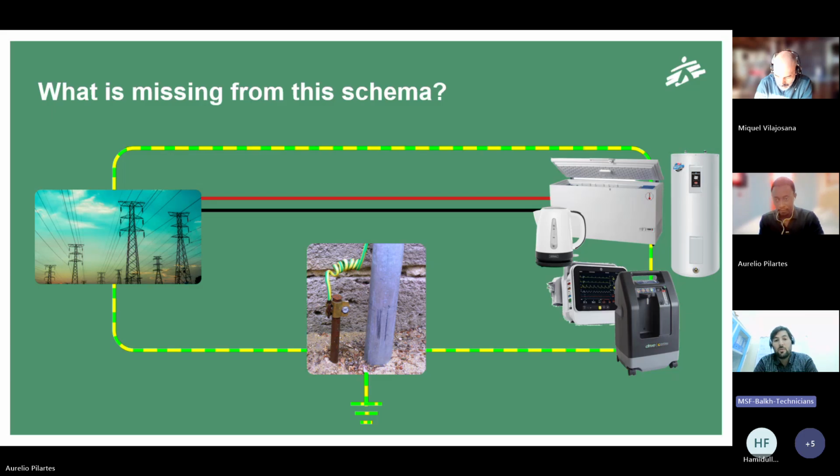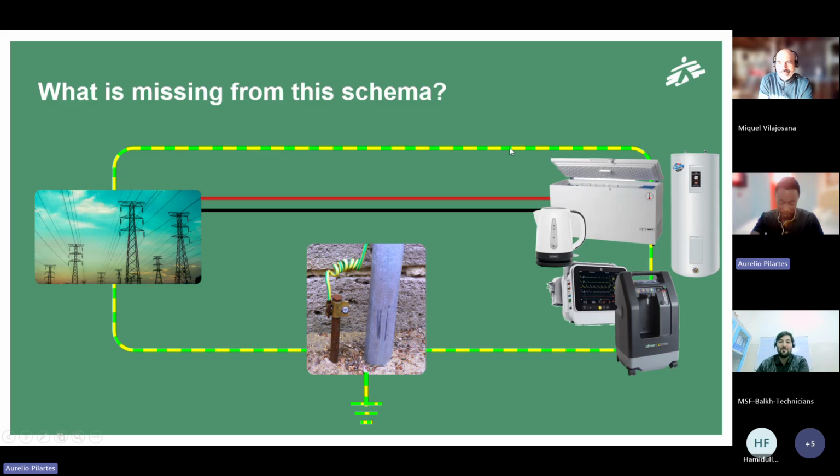In here, we didn't see any regulators or AVRs. So there is no protection, and also there is no distribution box. And I think the grounding system is already connected. That's all. Thank you very much.